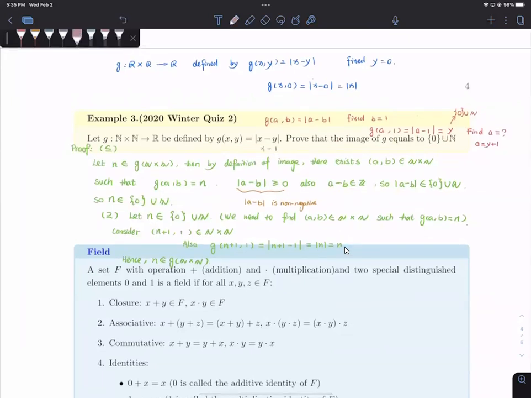So I have this, and I want it to be n. Now you can solve for this. Since n is in this, remember n is in 0 union natural.